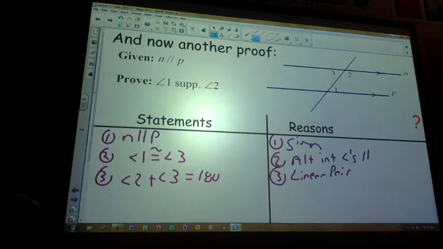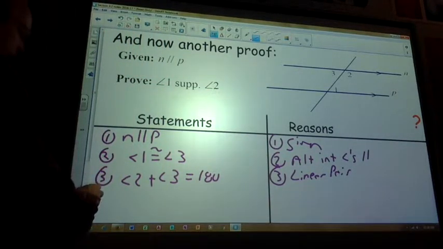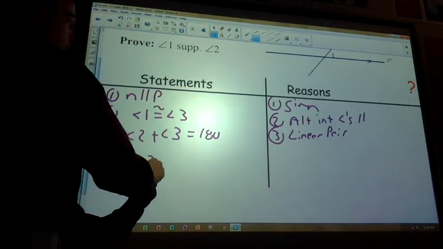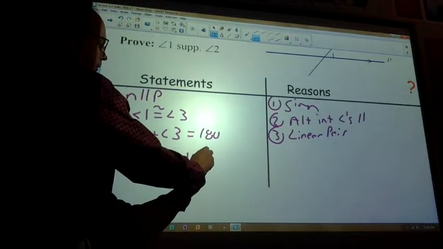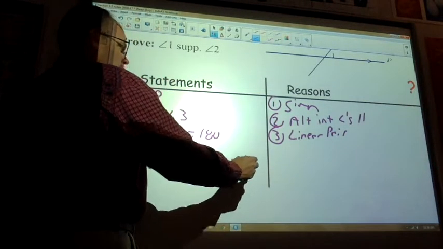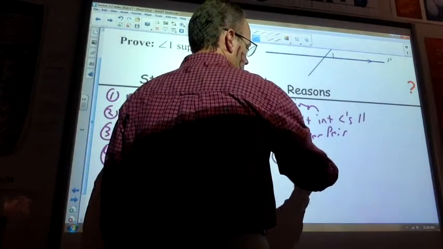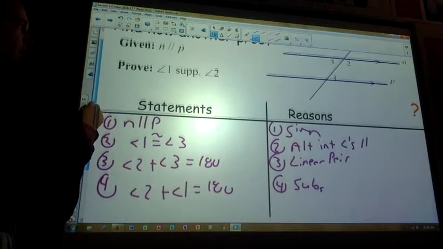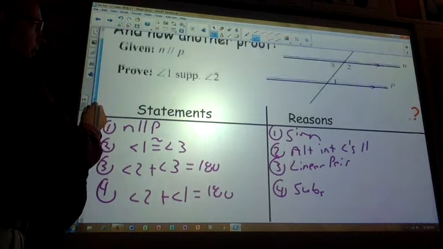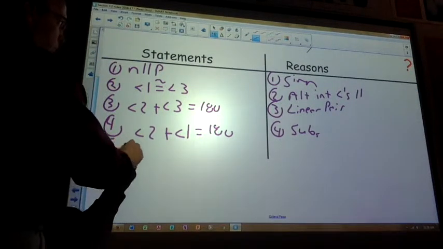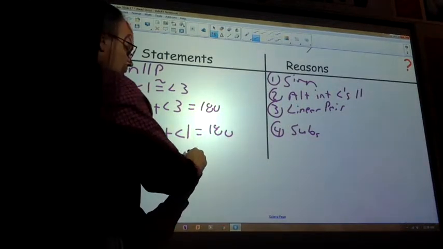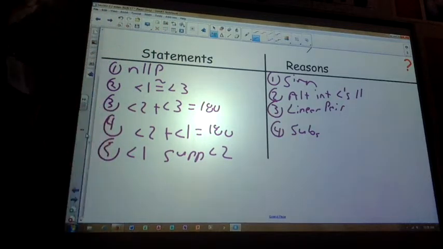And then I could state that angle 2 plus angle 1 is equal to 180, substitution. And then we could easily state that 1 and 2 are supplementary. I don't know what reason they're giving.